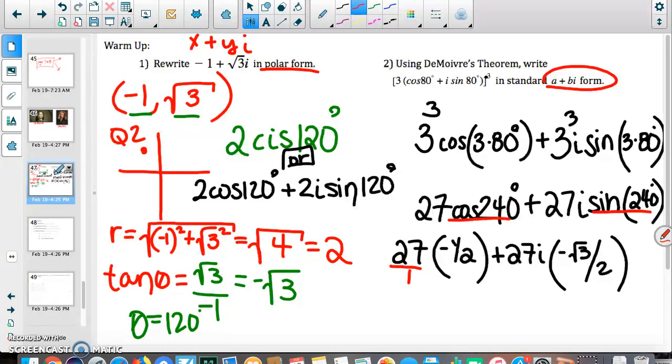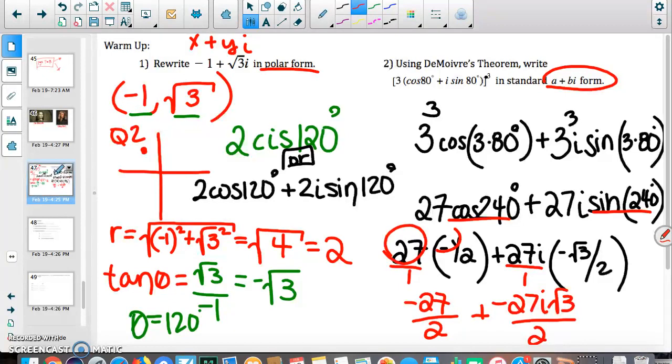So multiplying, this is just 27 over 1. So this would be -27 over 2 plus -27i√3 over 2. So I'm just putting that over 1, so my denominator is just 2, and my numerator you just multiply across. 27 times negative 1, 27i times negative root 3. Great, so those are our warm-ups.